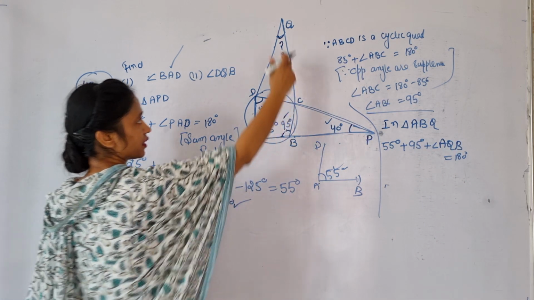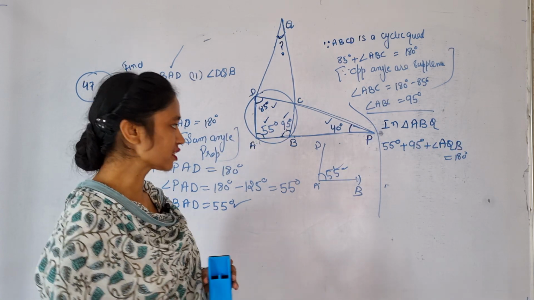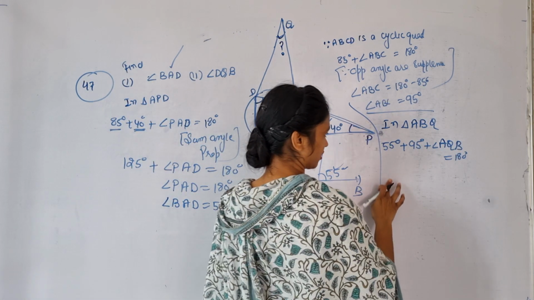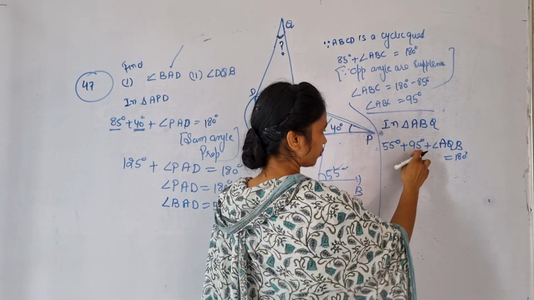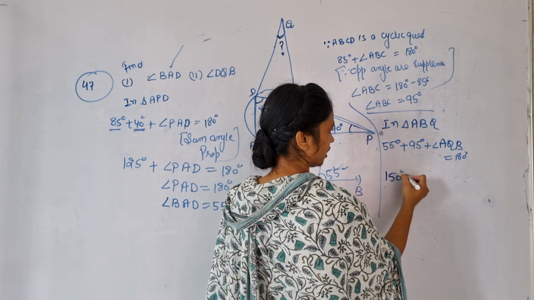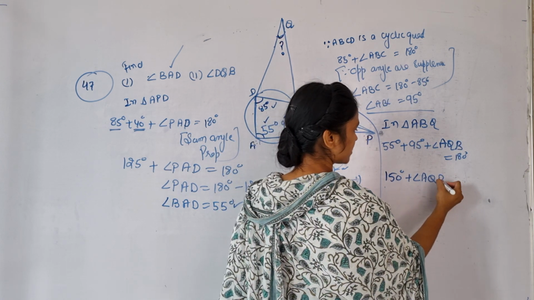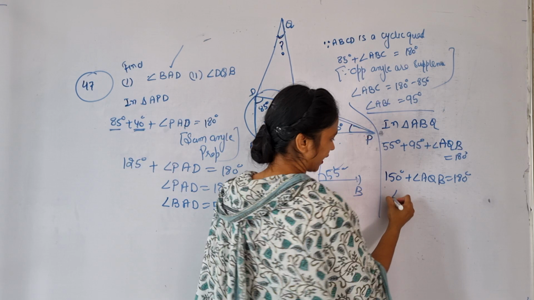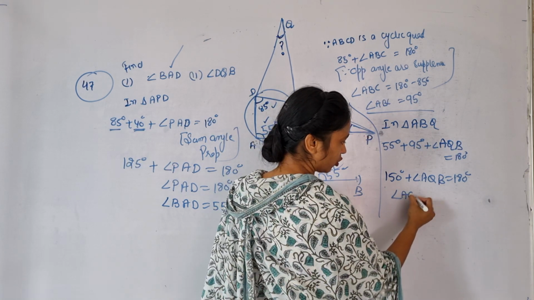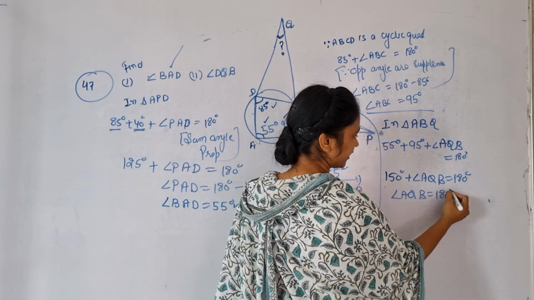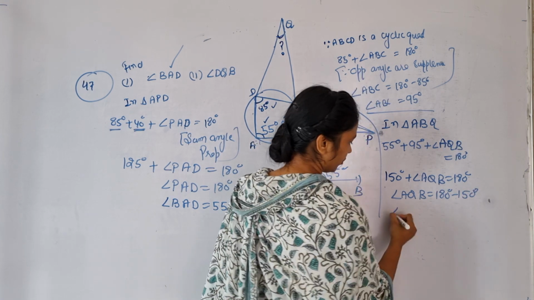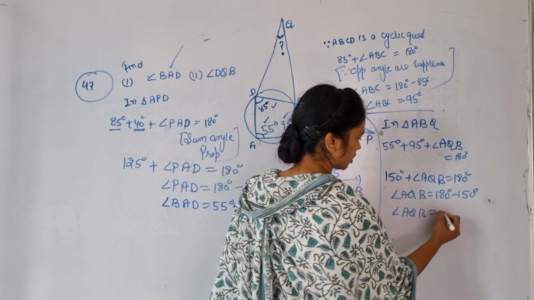Sum of angles of a triangle is equal to 180 degree, by using that result. Here we will have 150 degree plus angle AQB is equal to 180 degree, means angle AQB will be equal to 180 degree minus 150 degree, means AQB is equal to 30 degree.